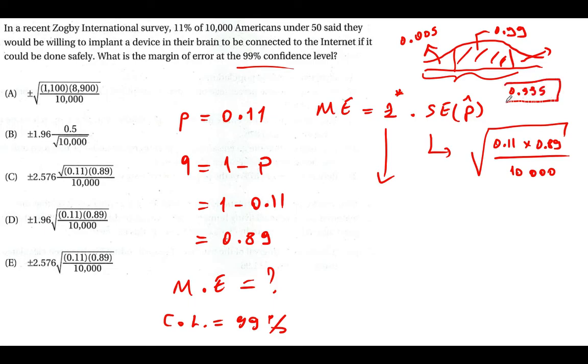So this number comes from 0.99, which is this area, plus this area, which is 0.005. It will be 0.995. So if I use inverse norm, 0.995, and the mu is 0 and standard deviation is 1, I can calculate the corresponding z star.